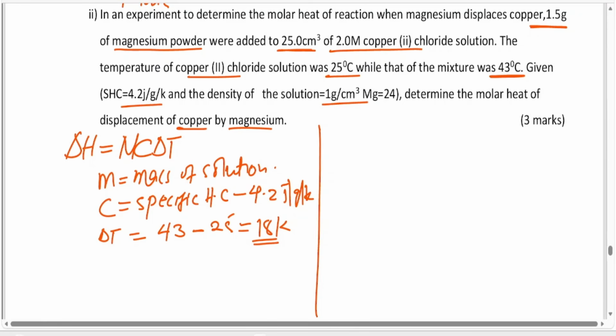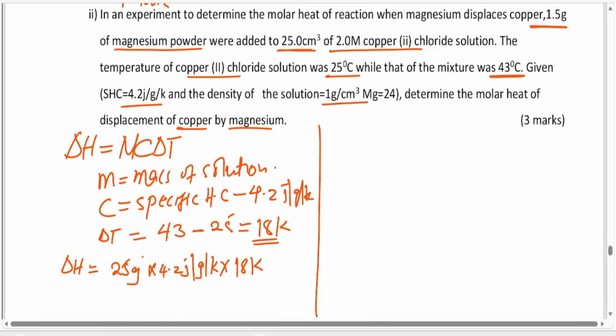So how do I determine the enthalpy change? The enthalpy change should be given by the mass of solution. We get the mass, 25 multiplied by the density, which gives 25 grams, multiplied by 4.2 joules per gram per Kelvin, multiplied by the change in temperature, which is 18 Kelvin.